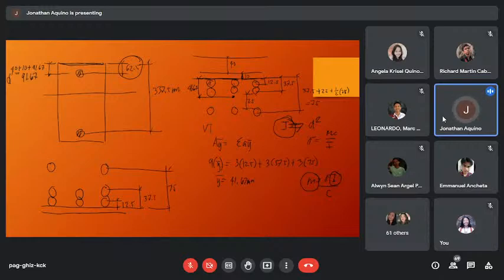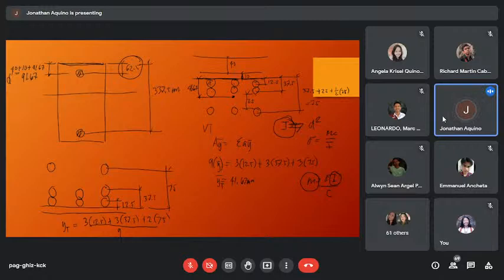So therefore, ito yung Y top, ang Y bottom natin is equal to 3 times 12.5 plus 3 times 37.5 plus 2 times 75 divided by 9. Okay?